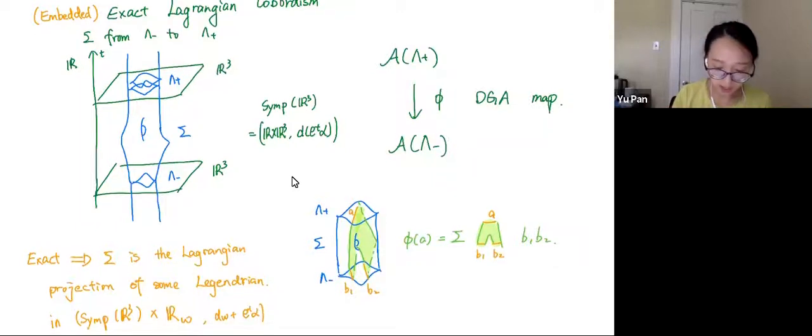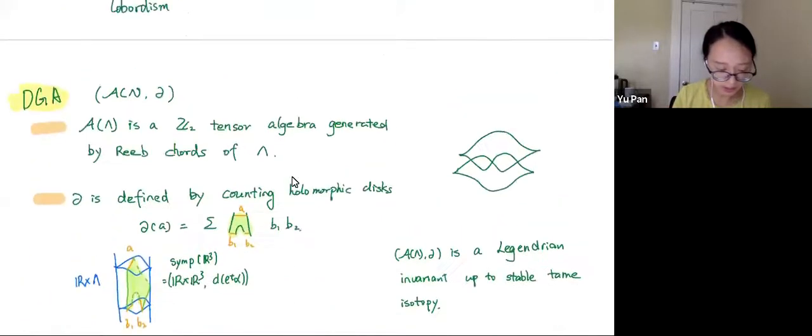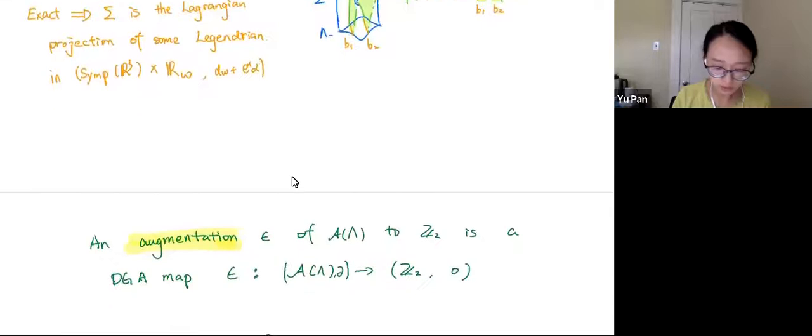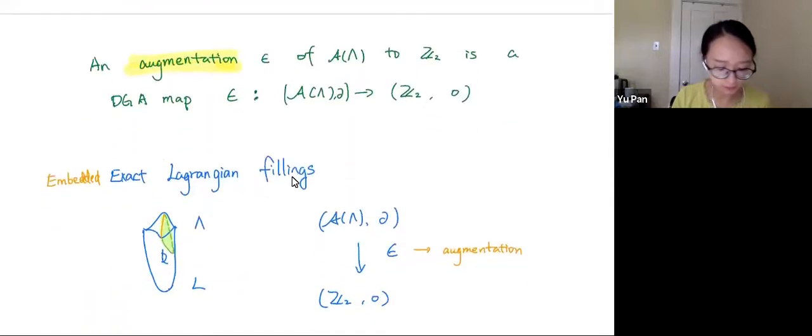All right, the DGA package is very powerful. It has a lot of good algebraic structure, but it's not so easy to compute because the differential is not linear. So the homology is actually hard to compute. But one computable thing from the package is called augmentation.